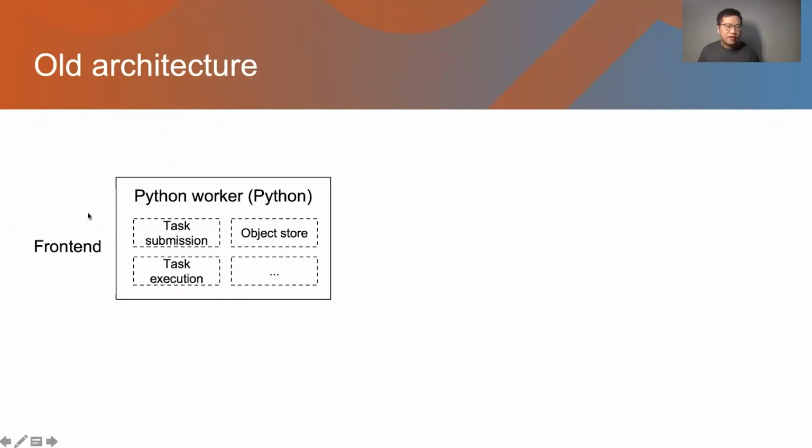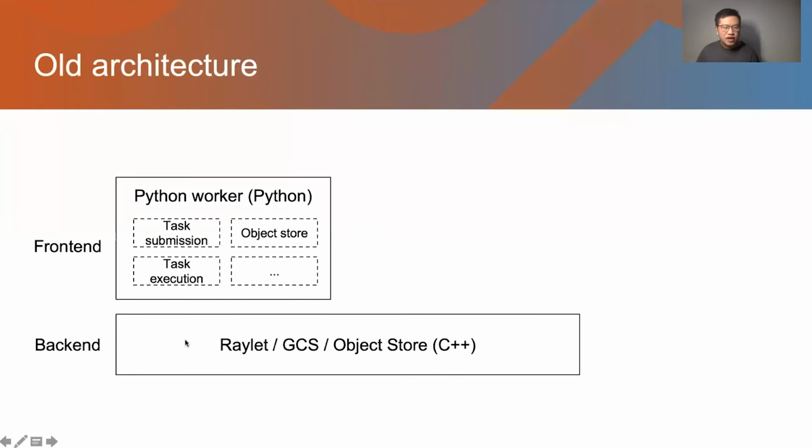On the front end, we have a Python worker whose code is mostly written in Python. And on the back end, we had a few components, Redis, GCS, and the object store, and all the code is written in C++.